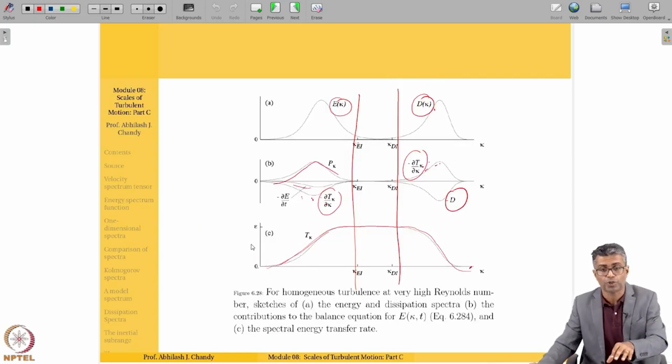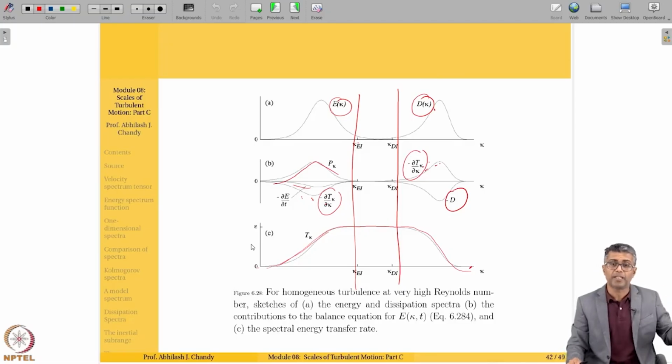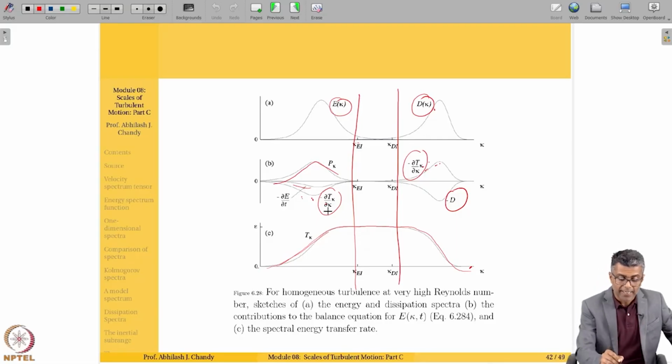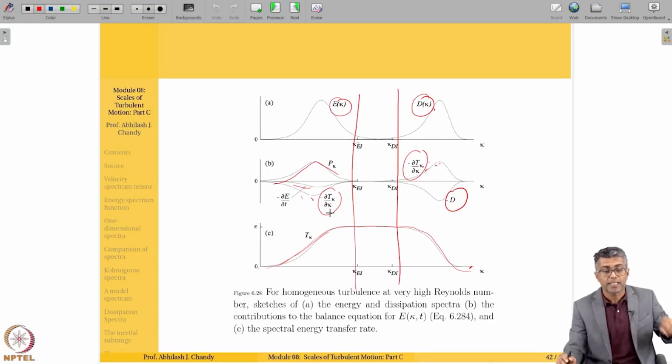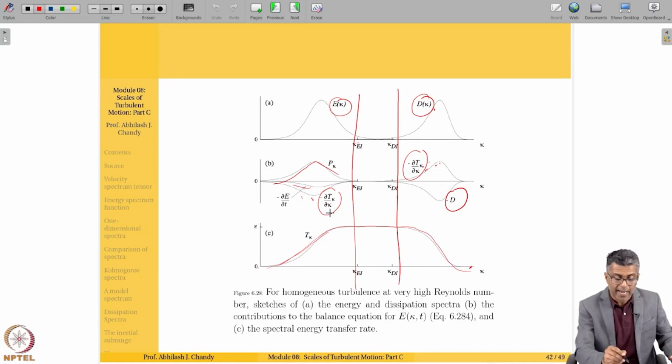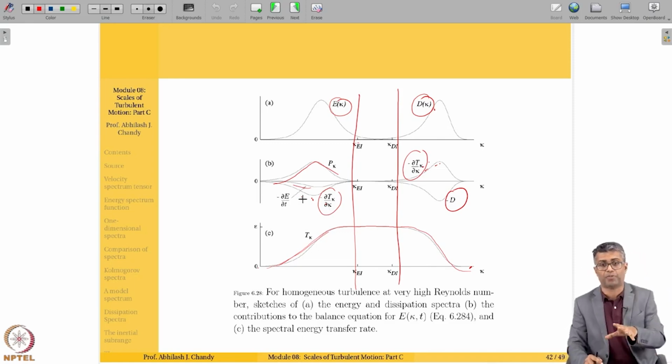And that is what we are trying to show with these plots. So E of kappa is more dominant in the energy containing range, whereas dissipation, the D of kappa, is more dominant in the dissipation range. The production is more dominant in the energy containing range. And del kappa of T kappa is negative here in the energy containing range. Why? Because the energy is being removed from there.